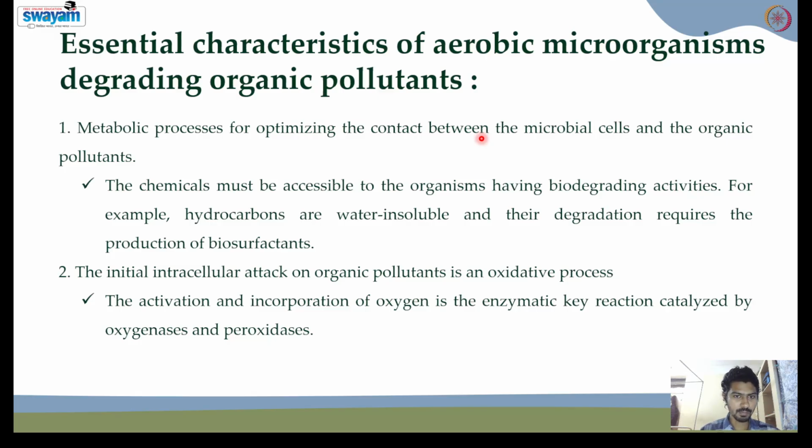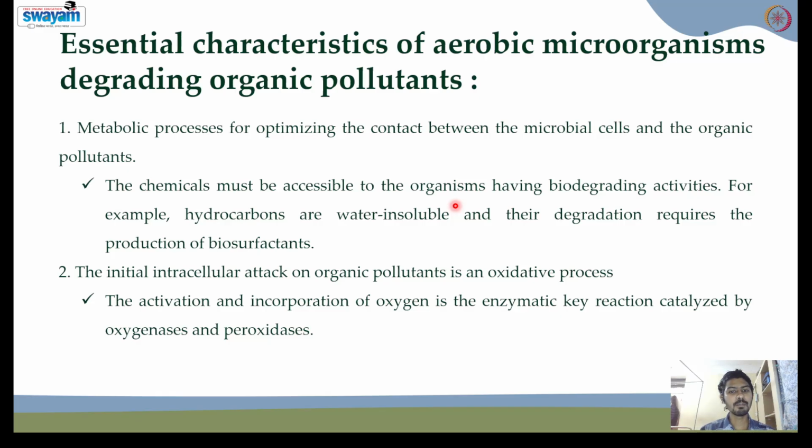because the microorganism can only degrade when the pollutant is easily accessible to it. Sometimes they produce a biosurfactant which helps in breaking down the oil into tiny droplets so that the pollutant becomes accessible to the microorganism and then they degrade it.